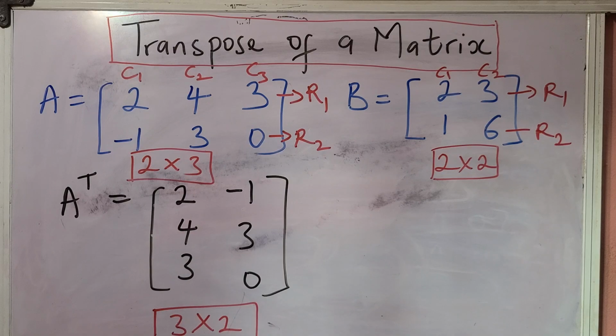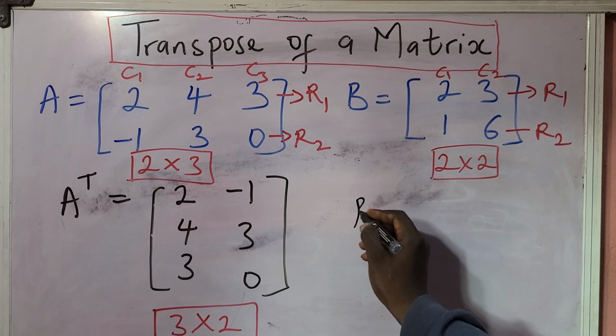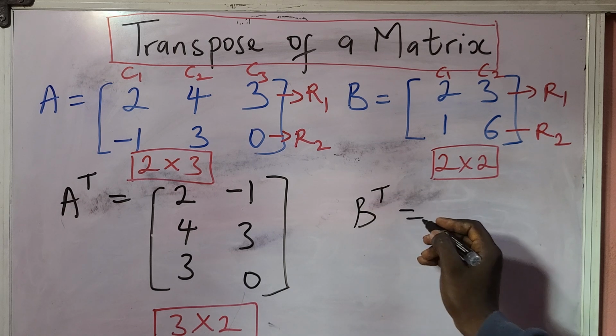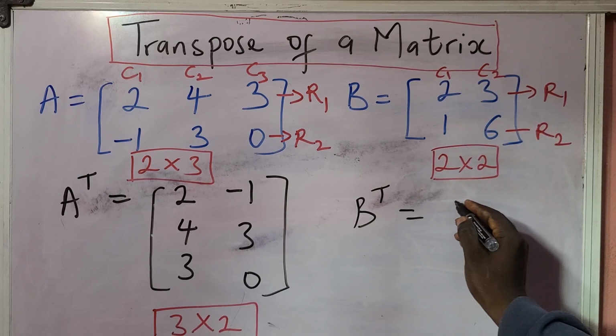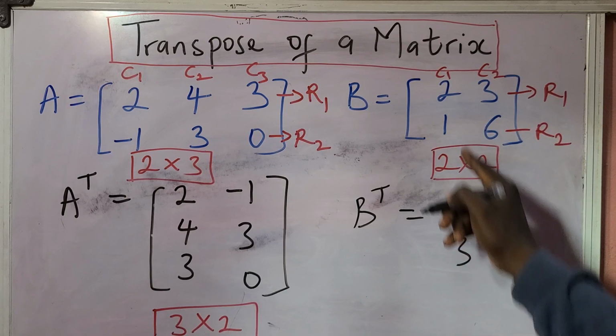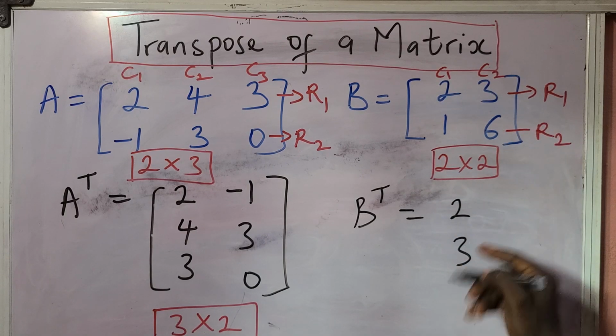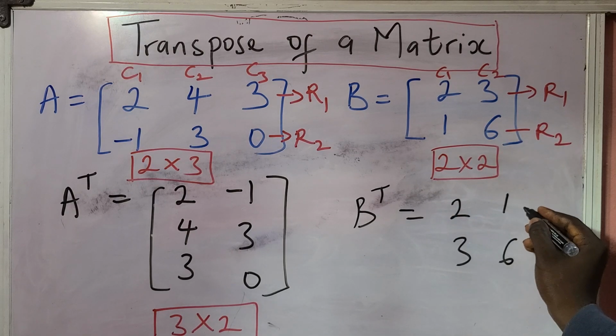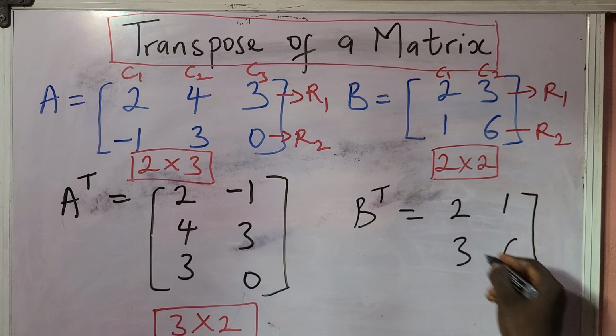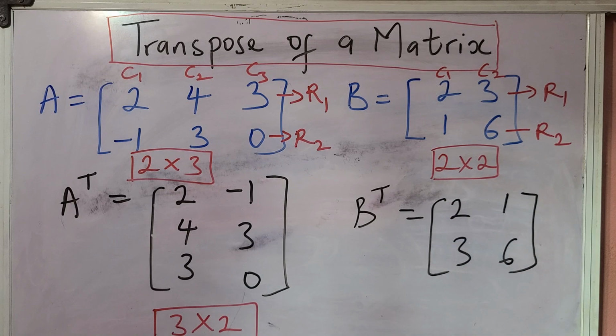So what we have to do in order for us to transpose matrix B is that B transpose will be changing the rows. Row 1 will become column 1. So we have changed row 1 to become column 1, and we will change row 2 to become column 2. This is our new matrix, the B transpose.